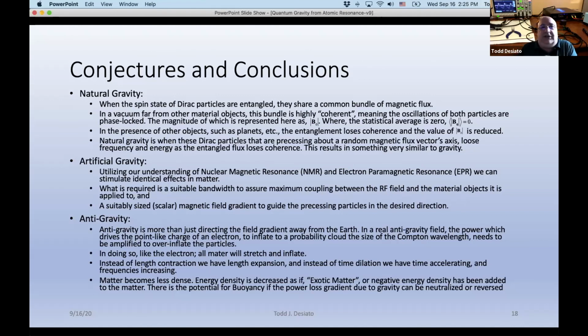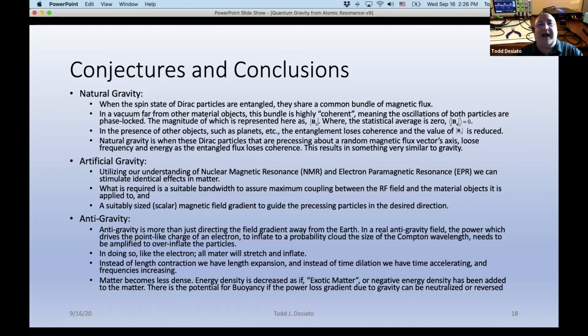So you can imagine a ship with a magnetic field generator that penetrates all the atoms in the ship, and then we shift the field so that the precession and the frequencies drop if it moves in one direction. That is how you would induce a free fall on the ship, like a warp drive.